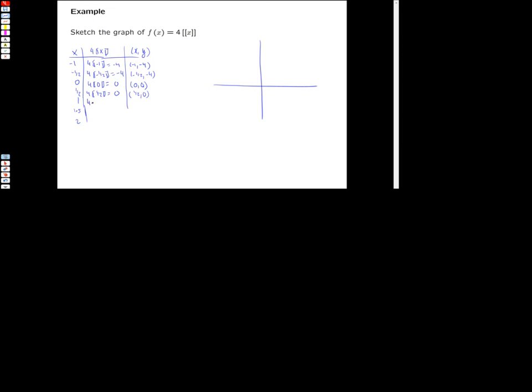Plug in 1. 1, 4 times 1 is 4. Get 1, 4. Plug in 1.5. 1, so that gives me 4. And plug in 2. 2 times 4 is 8.